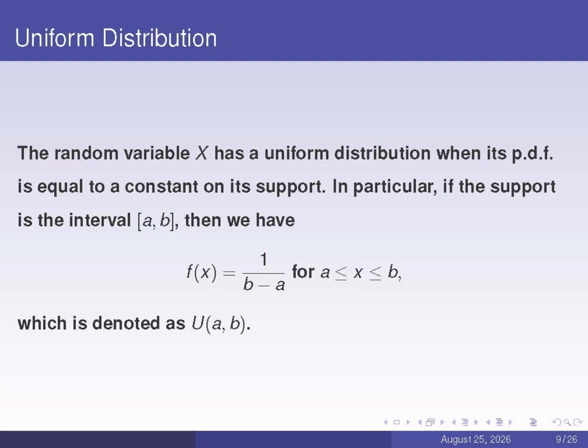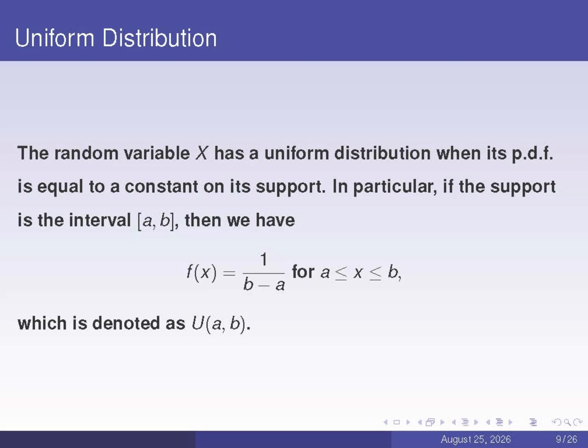A random variable X is said to have a uniform distribution when its probability density function is equal to a constant on its support. In particular, when the support is the closed interval from a to b, we obtain the probability density function f shown in the second to last line, in which case the random variable X is denoted as U(a, b).